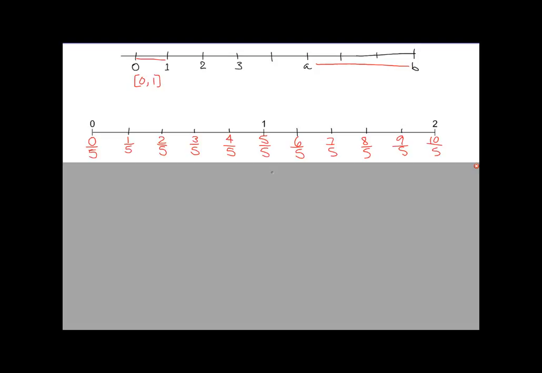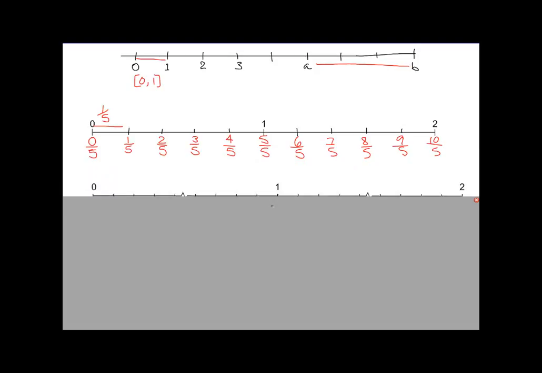So in this example, we had broken the unit segment down into 5 equal parts, and we called that segment 1/5. But there was nothing magic about choosing 1/5. In fact, let's suppose that we break the unit segment down into n parts.